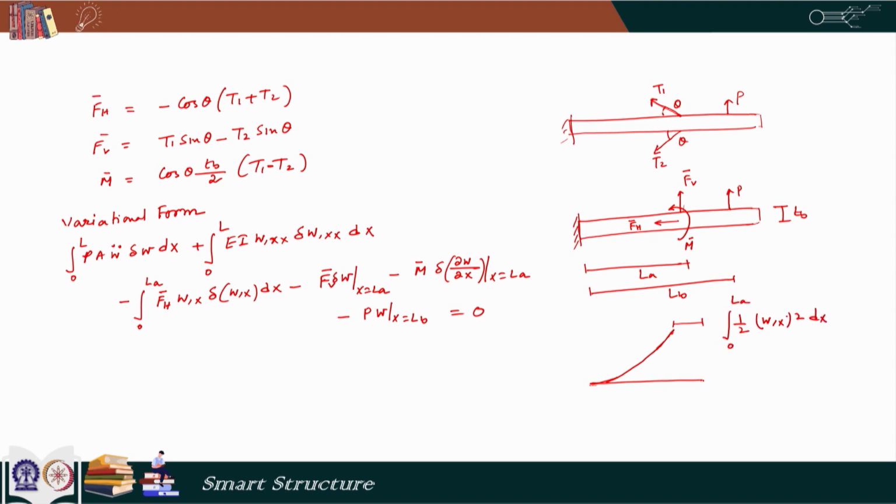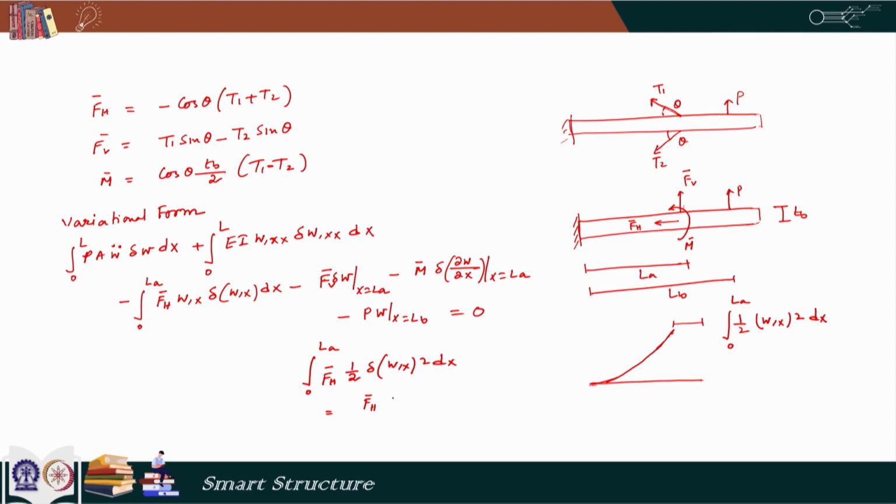So, the virtual work done by that force is F h bar multiplied by half into variation of w comma x square integrated from 0 to L A, and then we know by the property of this operator that this is equal to twice w comma x multiplied by variation of w comma x.